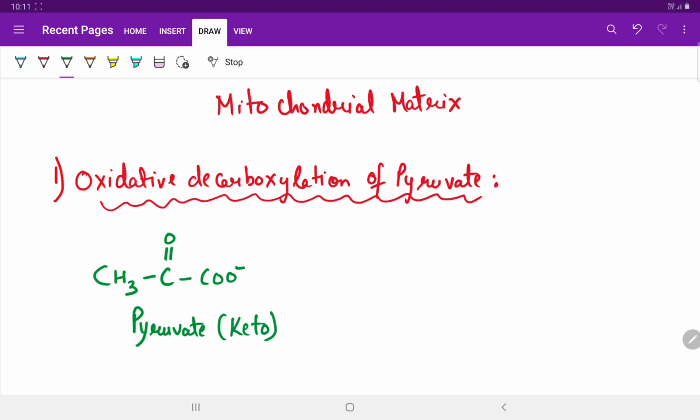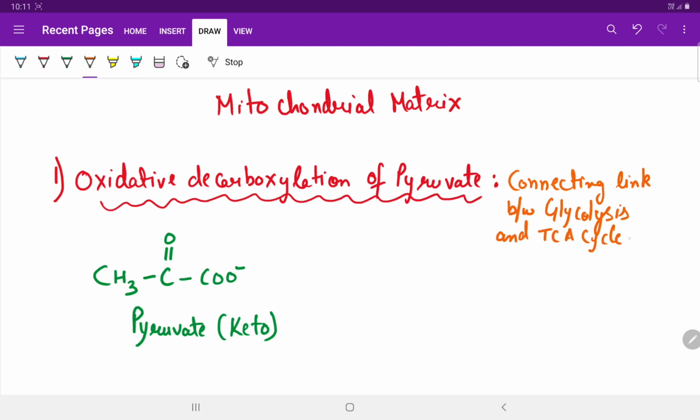This step is the connecting link between glycolysis and TCA cycle. So this is the main bridge, we can say.